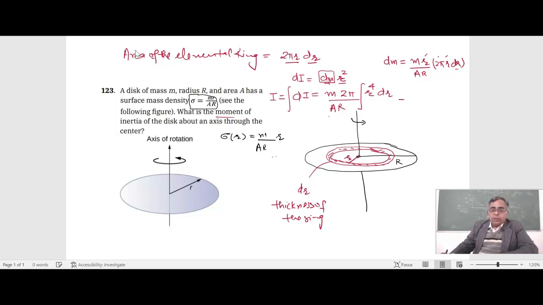So if you integrate it, you will get 2πm, and the area of this disk is πR squared, and here we have this R also, so this is πR cubed.